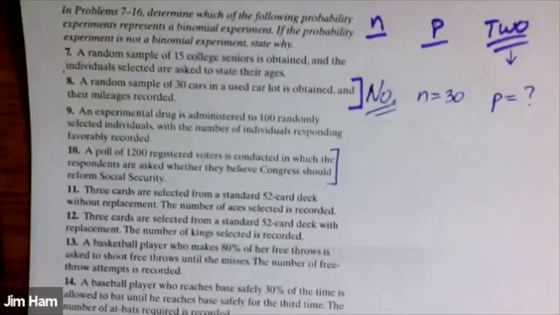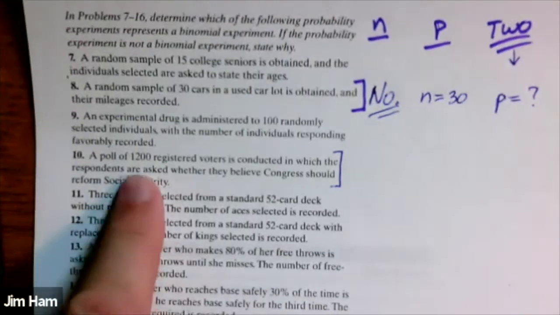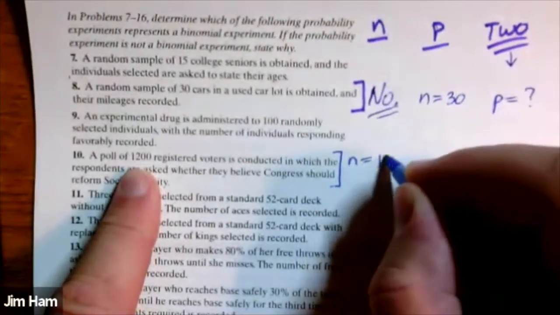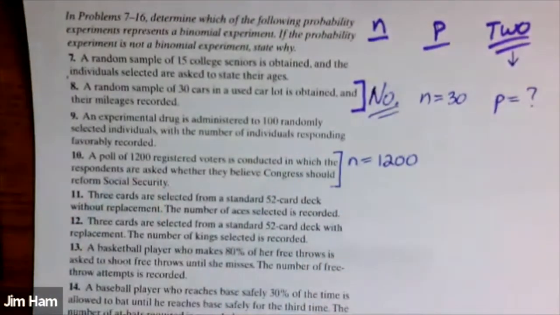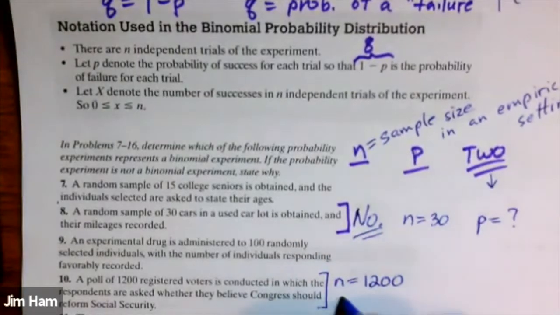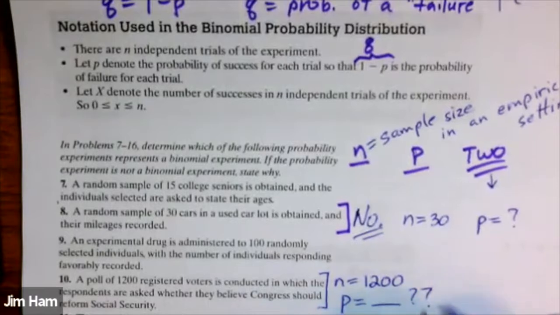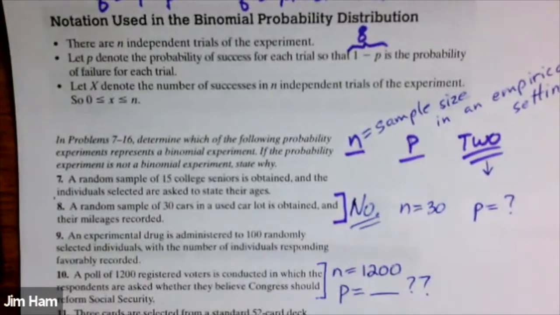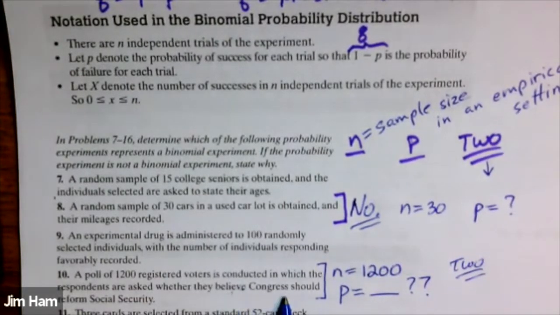Let's take a look at number 10. A poll. When you're identifying the n, if you're doing it in an empirical setting, the n will be the sample size. So up here, n is the sample size. We don't have the value of p here, but it is something. And because there are two outcomes, they either believe Congress should reform Social Security or they believe Congress should not reform Social Security.